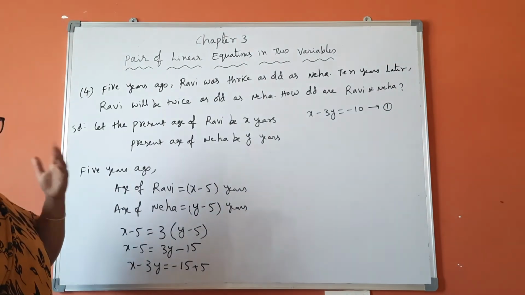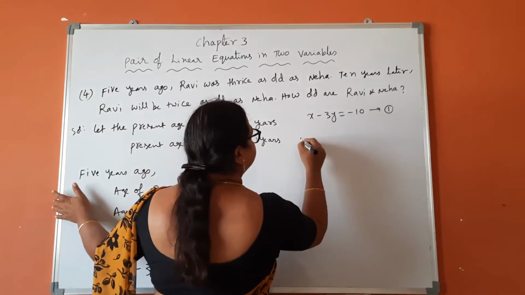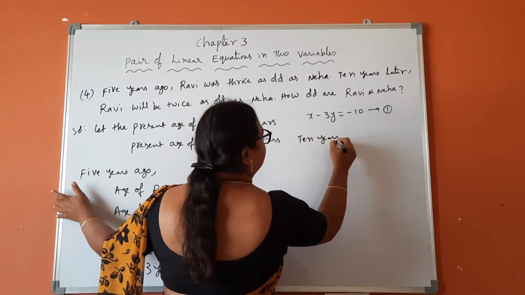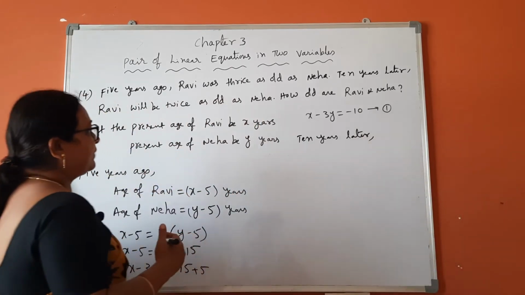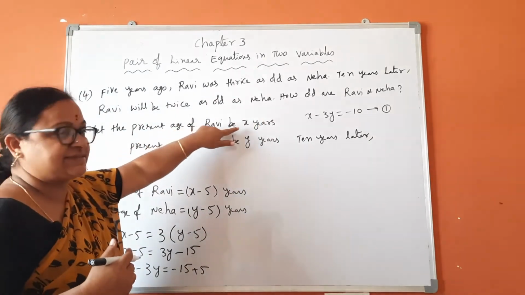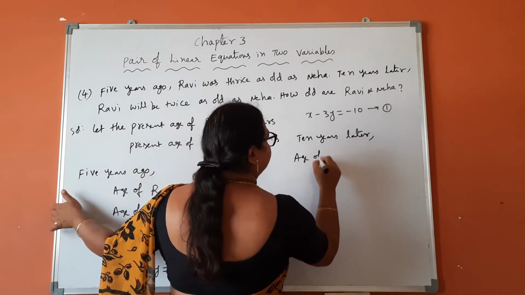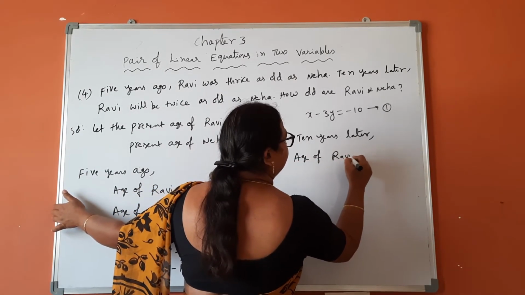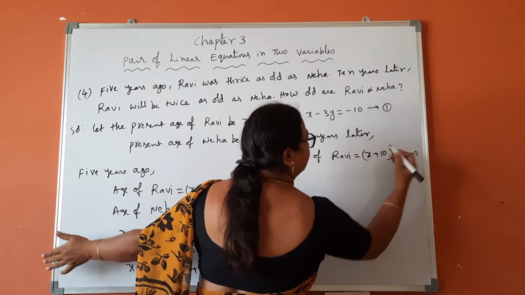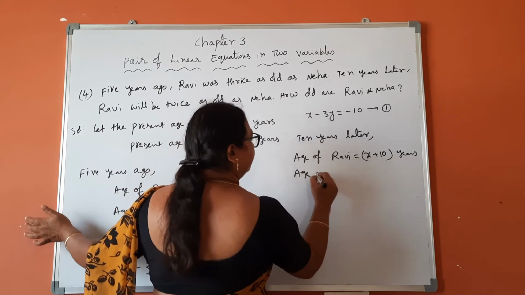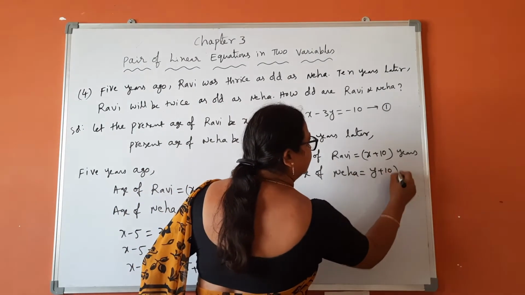Now the second condition, 10 years later. Present age of Ravi is X years. 10 years later, age of Ravi, X plus 10 years. Age of Neha, Y plus 10 years.